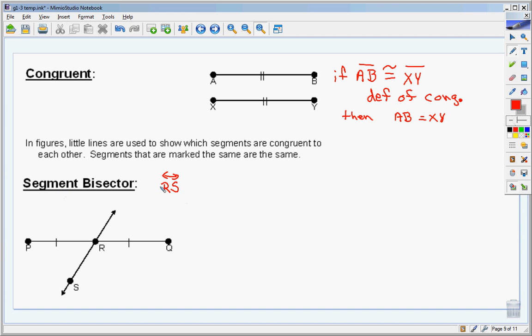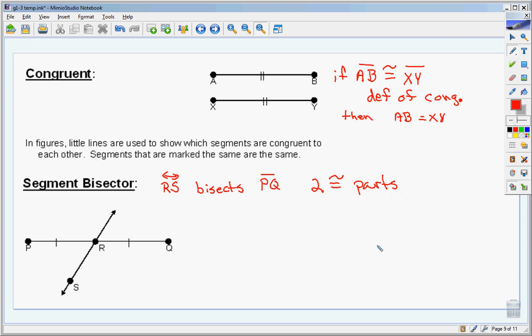A bisector, line RS, bisects segment PQ. If it bisects it, it will create two congruent parts.